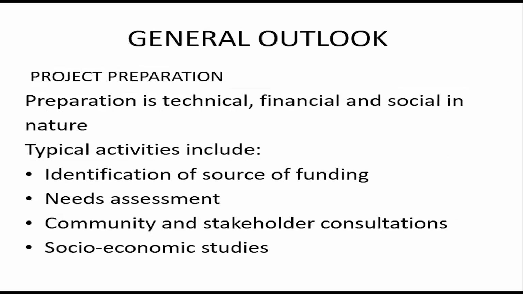Now, let's have a general outlook of project preparation before we go into the line diagram preparation. So, a project is technical, financial, and social in nature. And the typical activities include identification of source of funding, needs assessment, community and stakeholder consultations, and then socioeconomic studies.